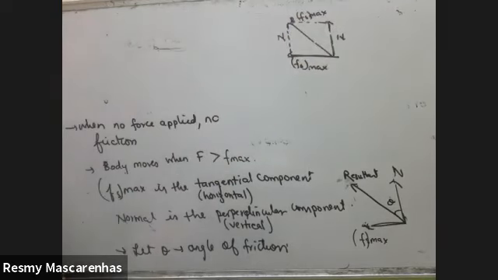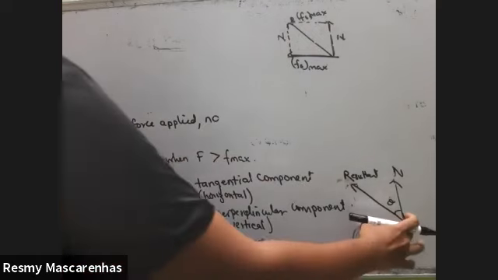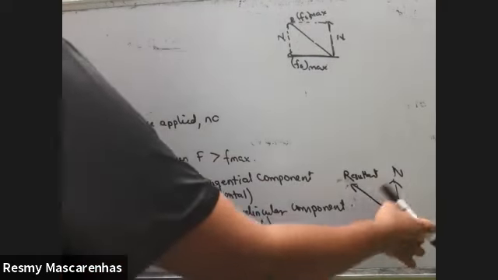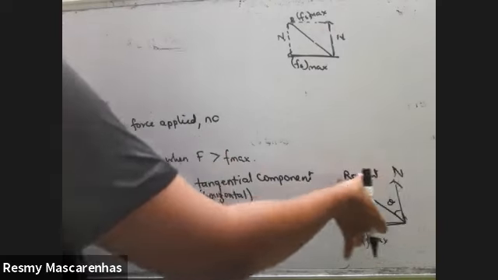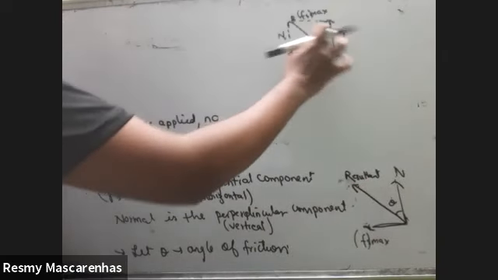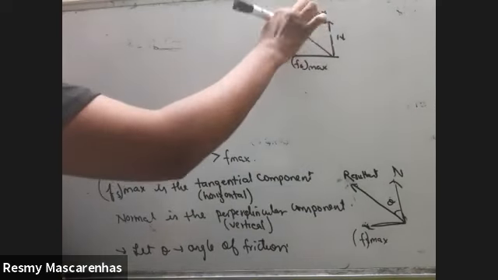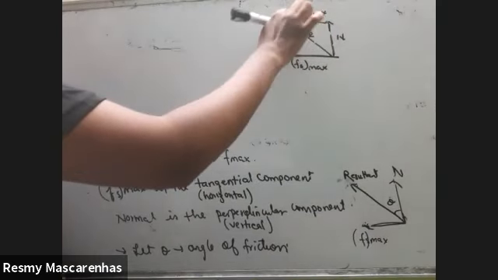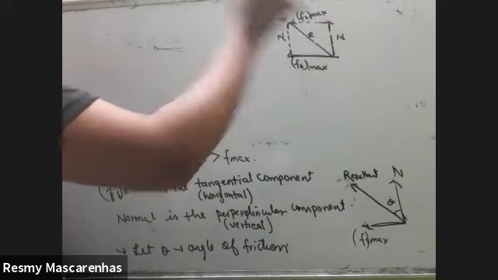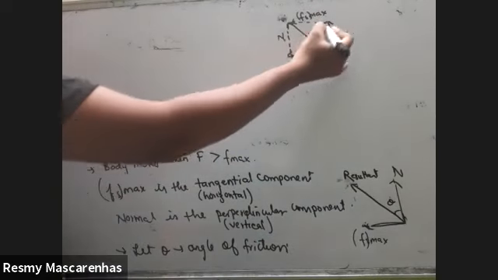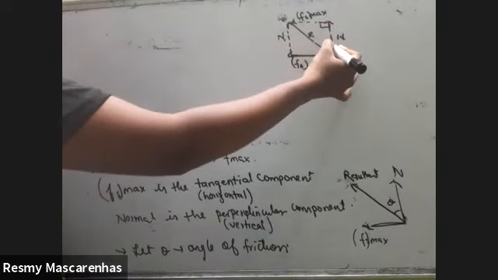Opposite sides are always equal. And this is nothing but your R, the main one. Now if you notice, this is perpendicular, and this we have considered as theta.